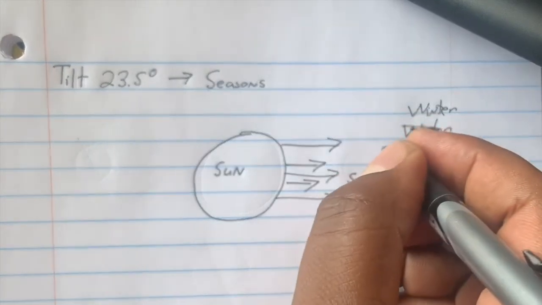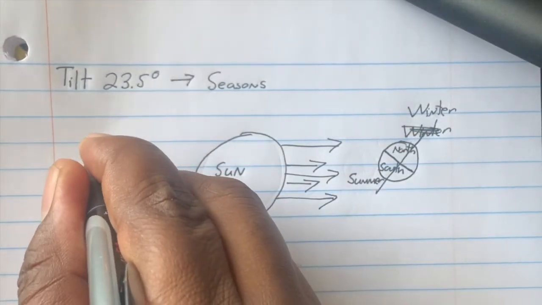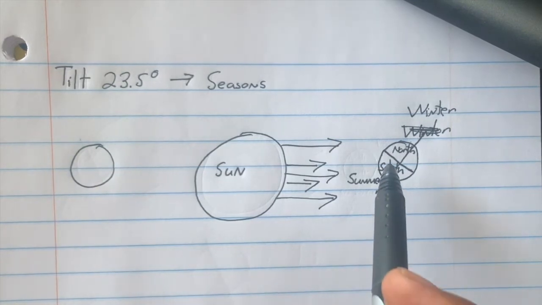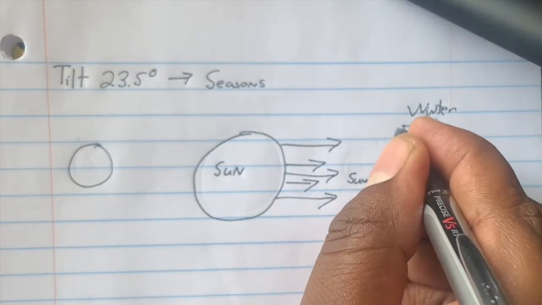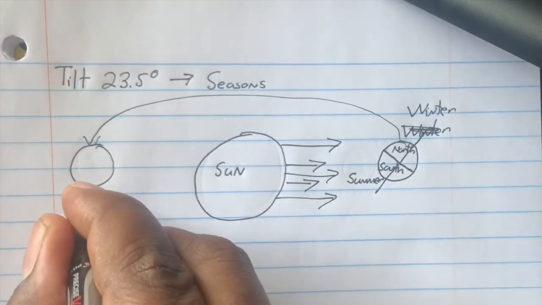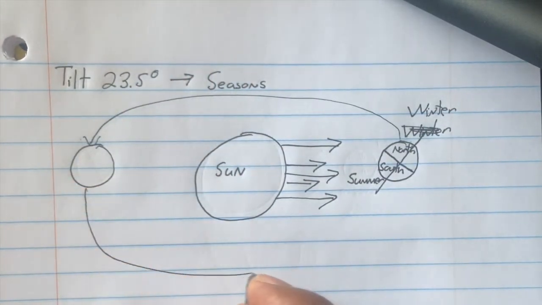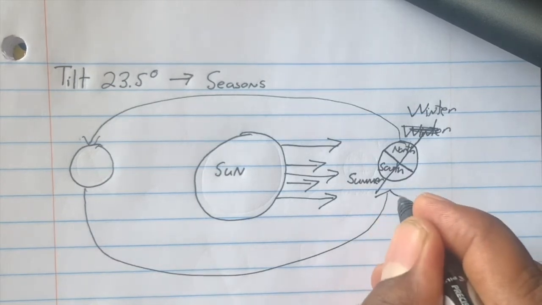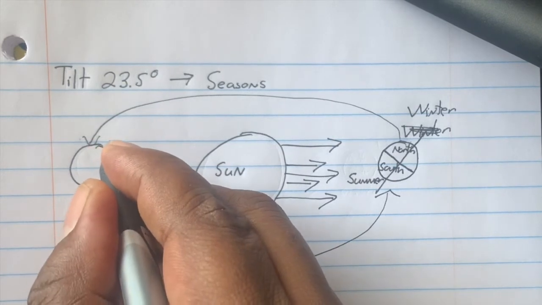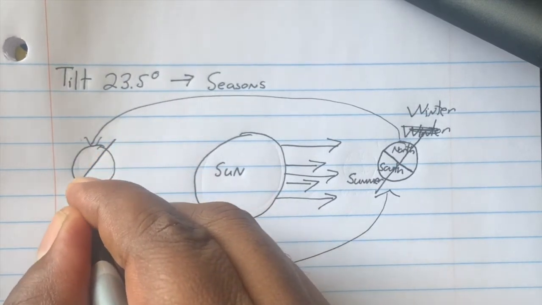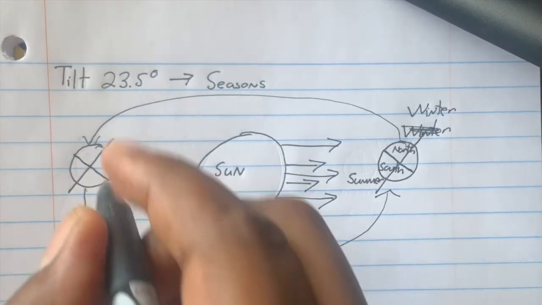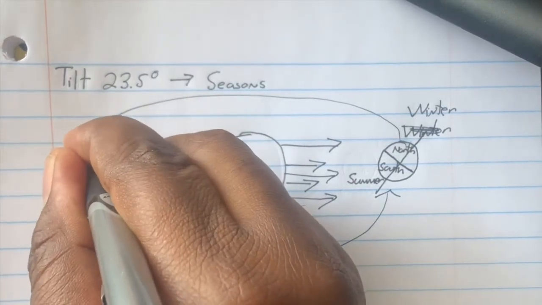Now, remember, there's still a revolution. We've got a revolution of the Earth. It's going just like this around the sun, all right? Same tilt, though. So I'm gonna put that tilt in. I'm gonna put my north and my south.